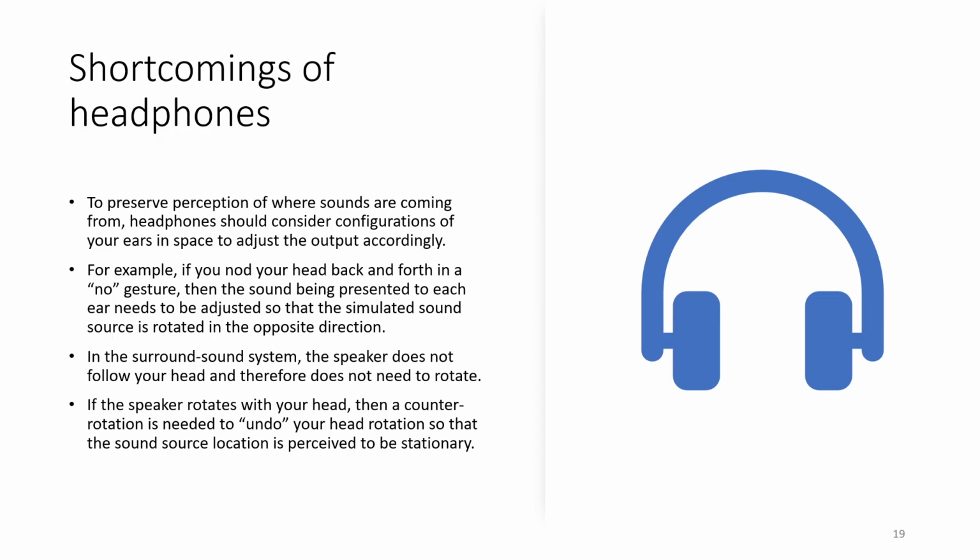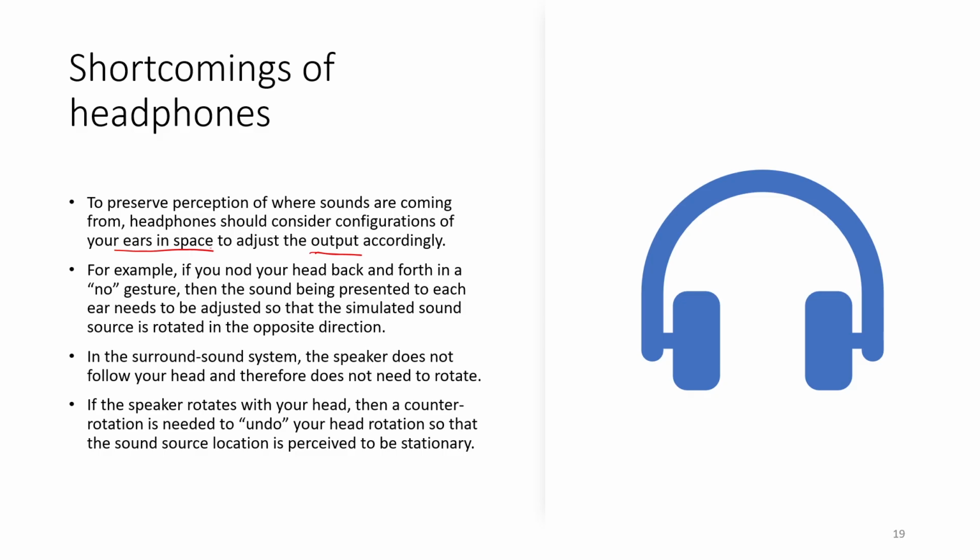Now, headphones, despite offering you privacy, do have some limitations. To preserve the perception of where sounds are coming from, headphones should consider the configuration of your ears in space to adjust their output accordingly. To give you a good spatial experience, the headphones should consider where your ears are in space and give you a different experience to each ear.